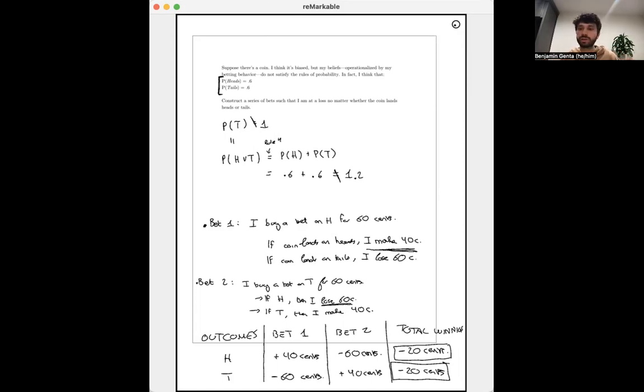And actually, you can construct a bet like this for any violation of the rules of probability. Here we've only violated rule 4 and rule 1, but for any violation, including the definition of conditional probability, which is essential for deriving Bayes' theorem, if you violate those conditions, you are always going to be subject to a Dutch book.